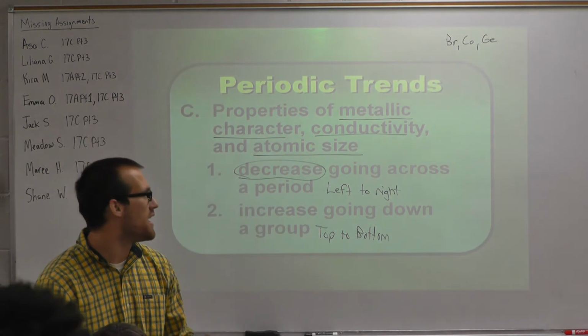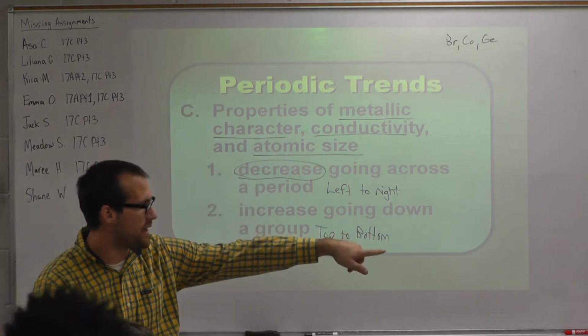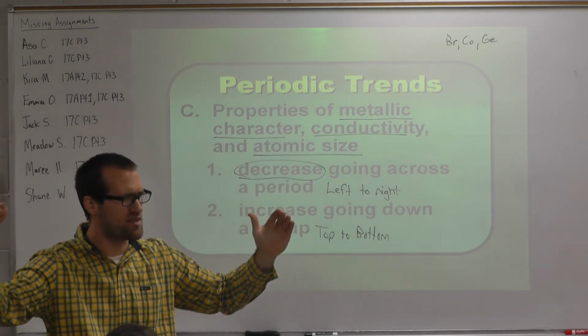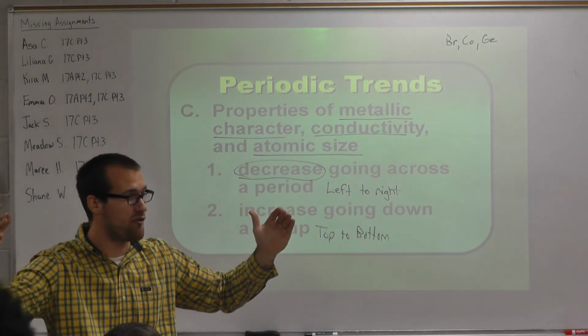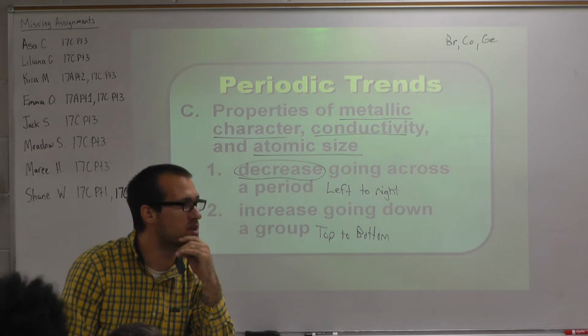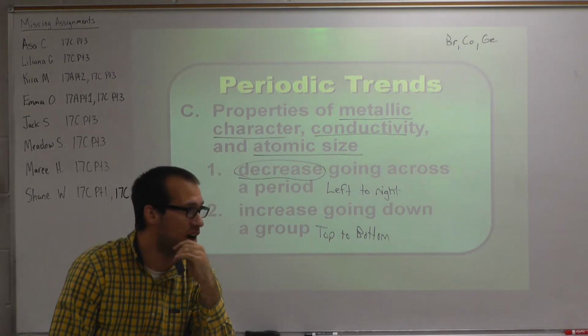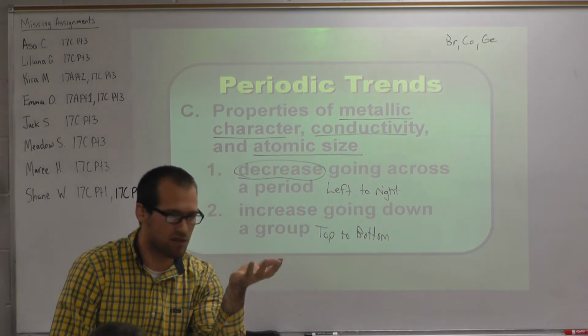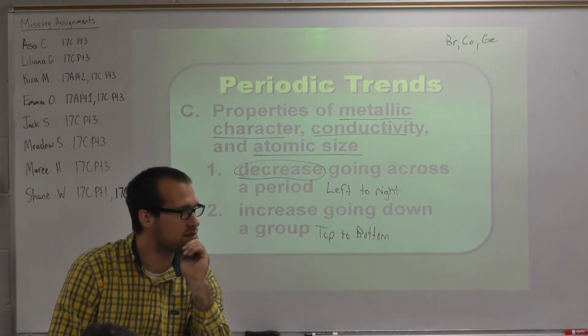So if I had my Bohr model up here, energy levels get bigger and bigger, and your electrons get further and further away from the nucleus. The further you are away from the magnet of the atom, the looser it's going to be held.